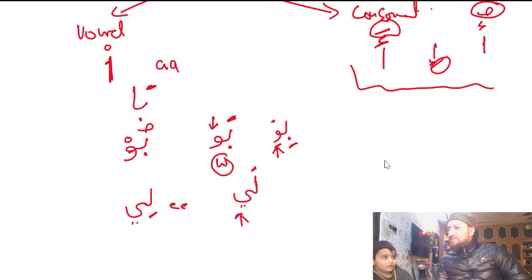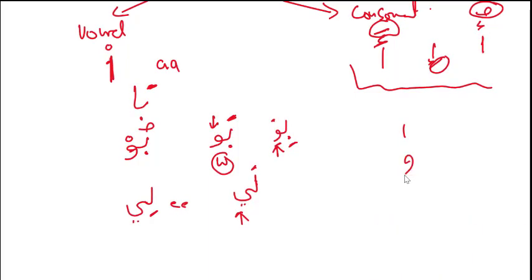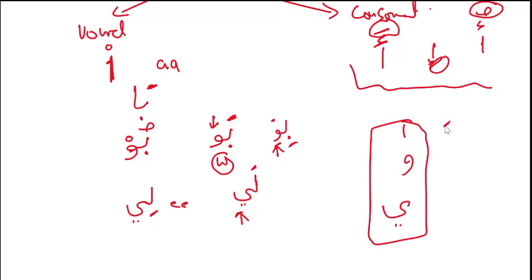What I'm saying is that if I have the alif, the vav and the ya, they can act as vowels only if the preceding letter to the alif has fatah, the preceding letter to the vav has dhamma, and the preceding letter to the ya has kasra. If the preceding letter to the alif has fatah, then this is a long vowel.